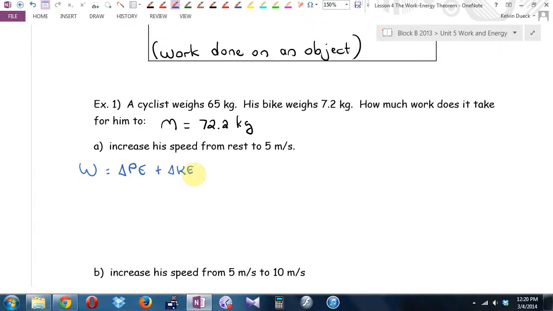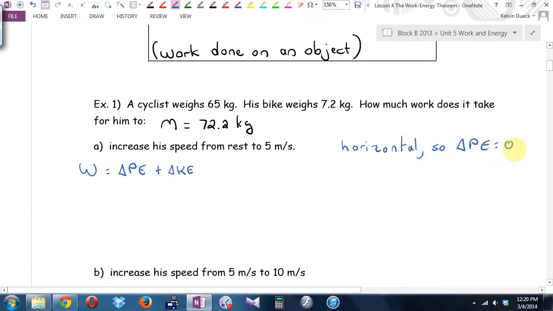Reading this question, do you see any change in height mentioned? Okay, so I'm going to make a little note here. I think we're traveling horizontally, so change in PE is 0.